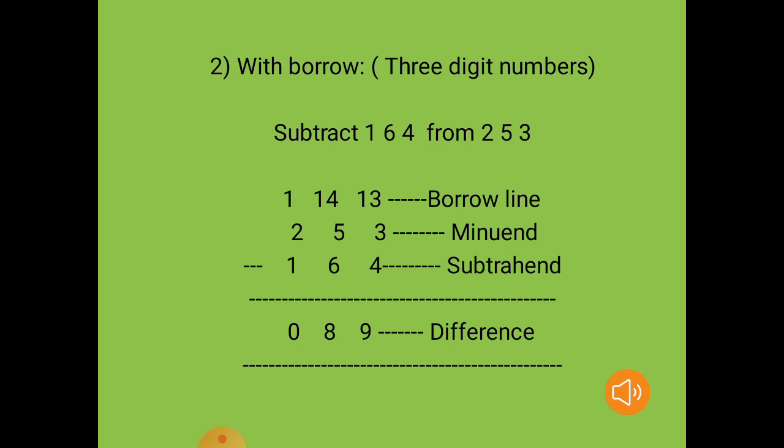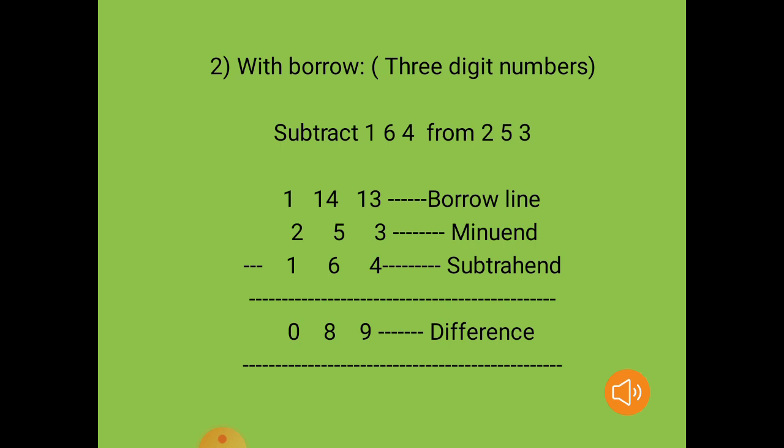As you all know, 4 was remaining when I borrowed 1 tenth from 5 tenths. So again, 4 minus 6 is not possible. So again I borrow 1 from the hundreds place. So 2 becomes 1, that is, 200 becomes 100.